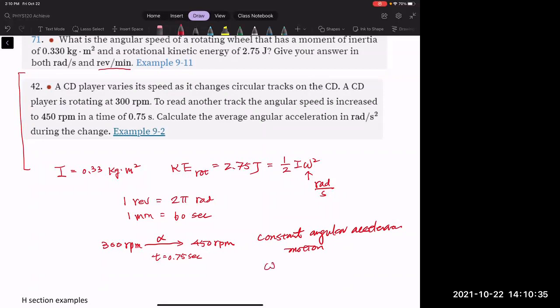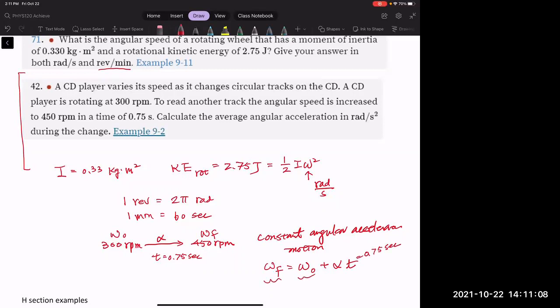So you have the final angular velocity, which is this one, equal to the initial angular velocity, which is this one, plus the acceleration times the time. What is the time? Time is 0.75 seconds. And you need to find alpha.